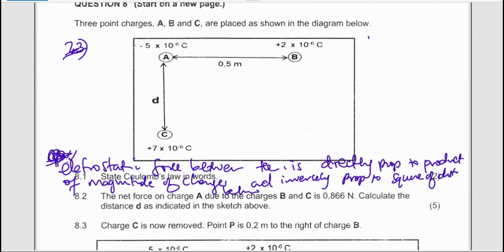So for as long as you know Q1 Q2 over r squared, it's just putting this in words.